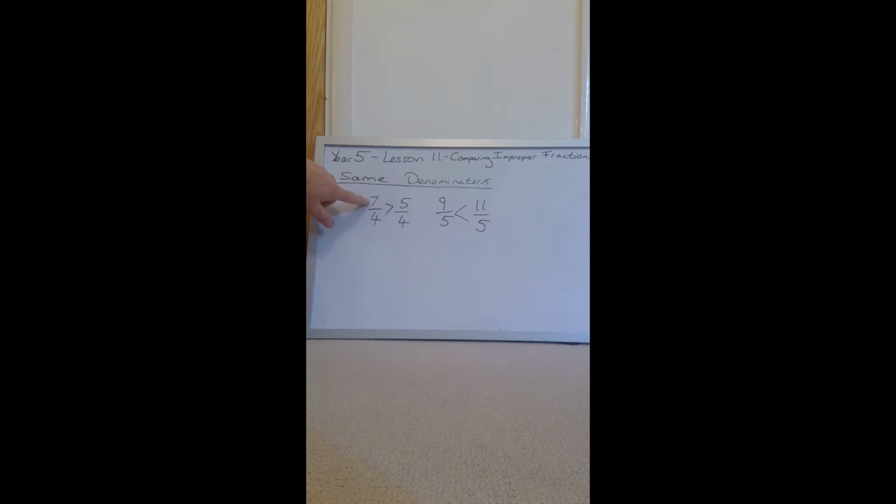Where it becomes slightly more complicated is where you look at fractions which have different denominators. So a problem such as 7/6 and 5/3, to work out the greater, less than or equal to fraction, the first way to solve this is to actually draw or create a fraction strip or bar.